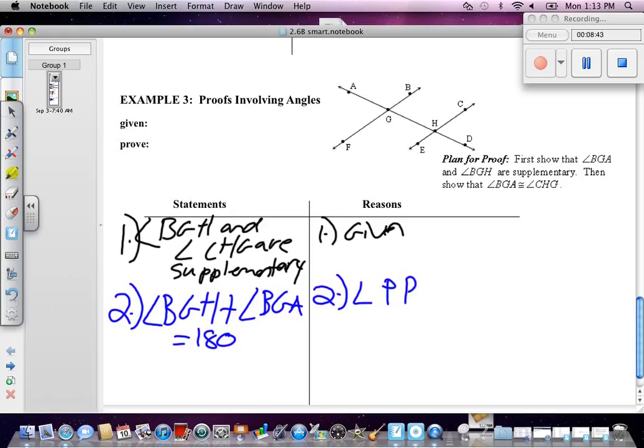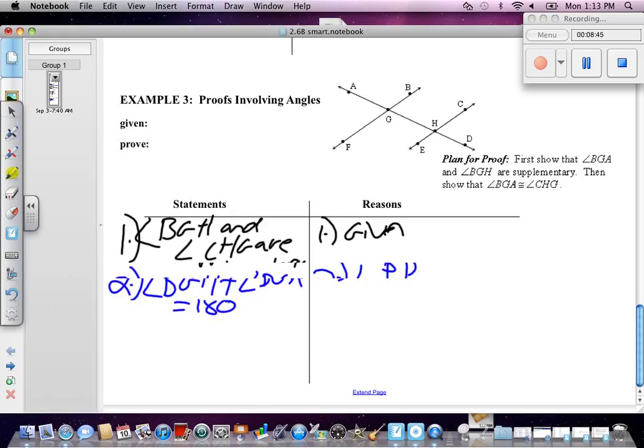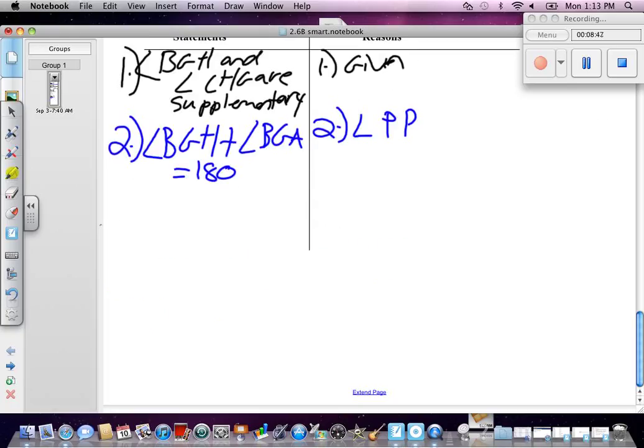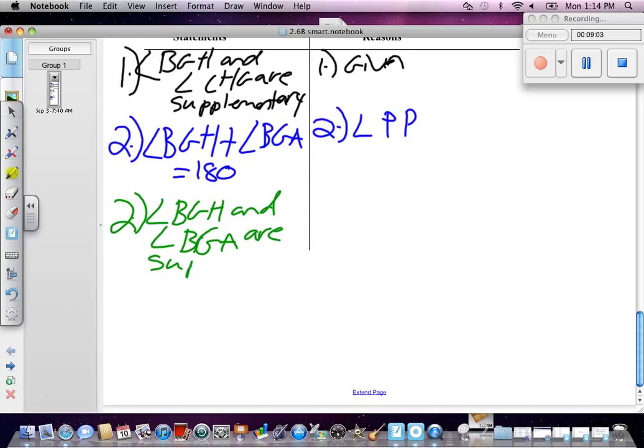Just go over it. Next, I'm going to say that angle BGH and angle BGA are supplementary. And that's by the definition of supplementary.